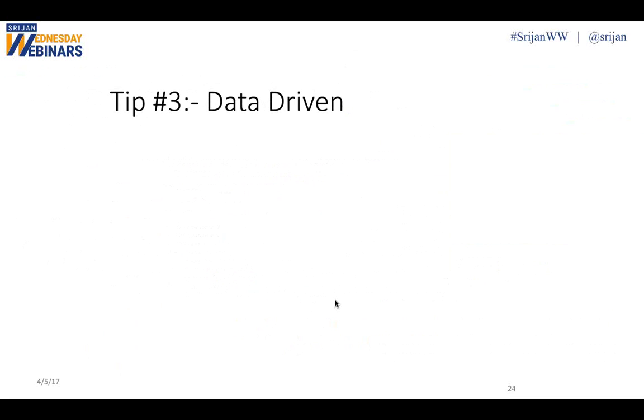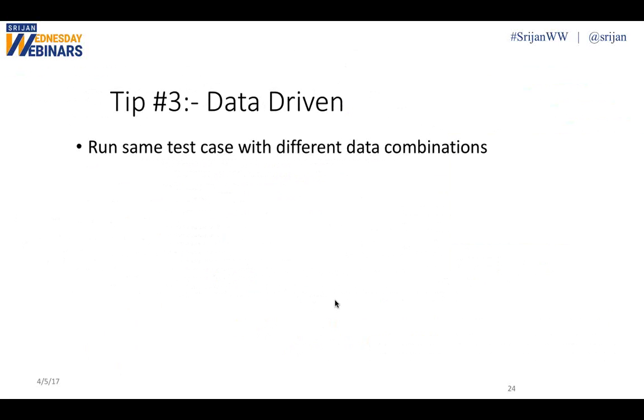Tip number 3 is make your automation data driven, so that you can run the same test case with different data combinations.